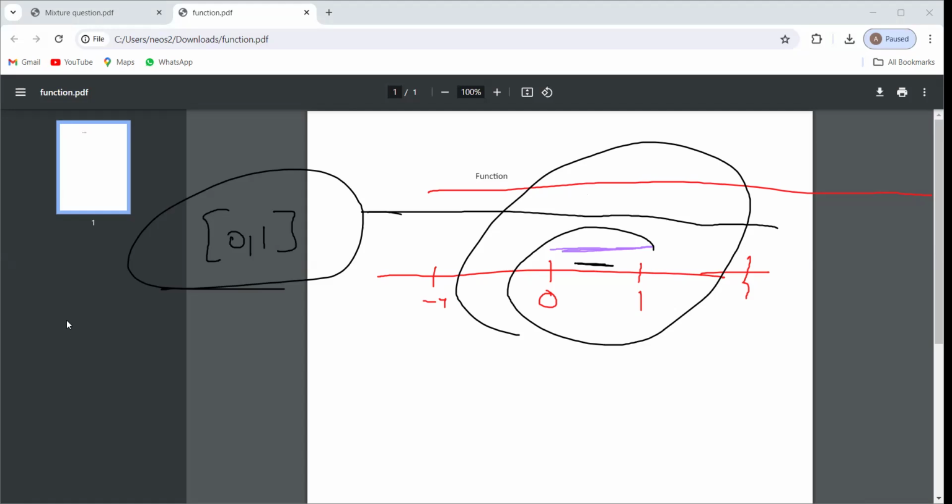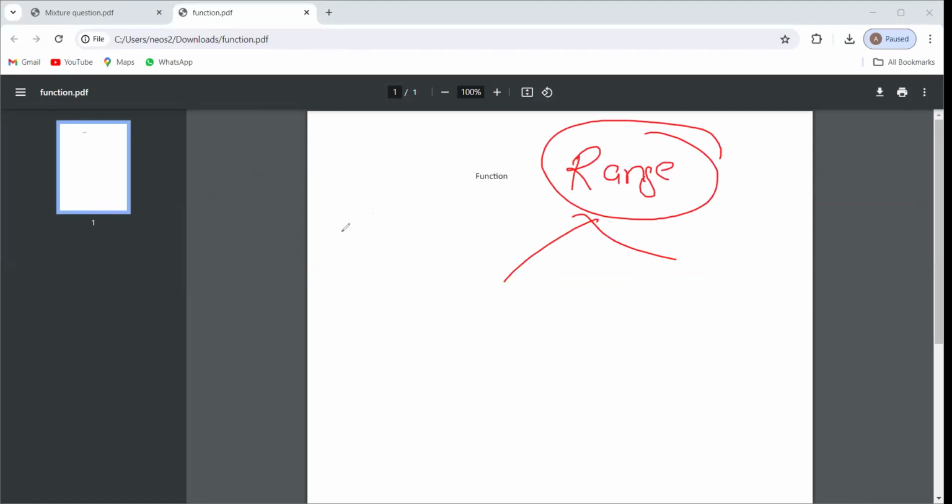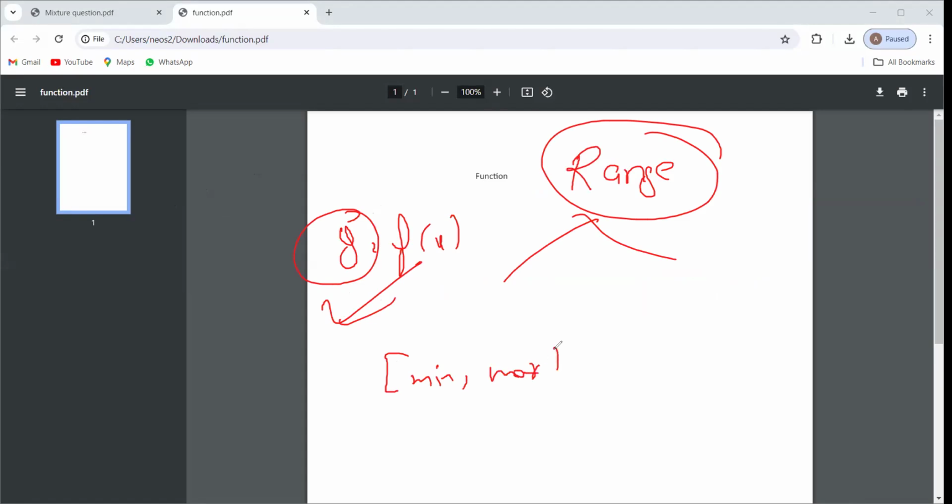Now next, let's understand range. What is range? Look, just now I wrote y is equal to f of x, right? Range is what value y can take. In simple terms, you have to find from minimum to maximum.